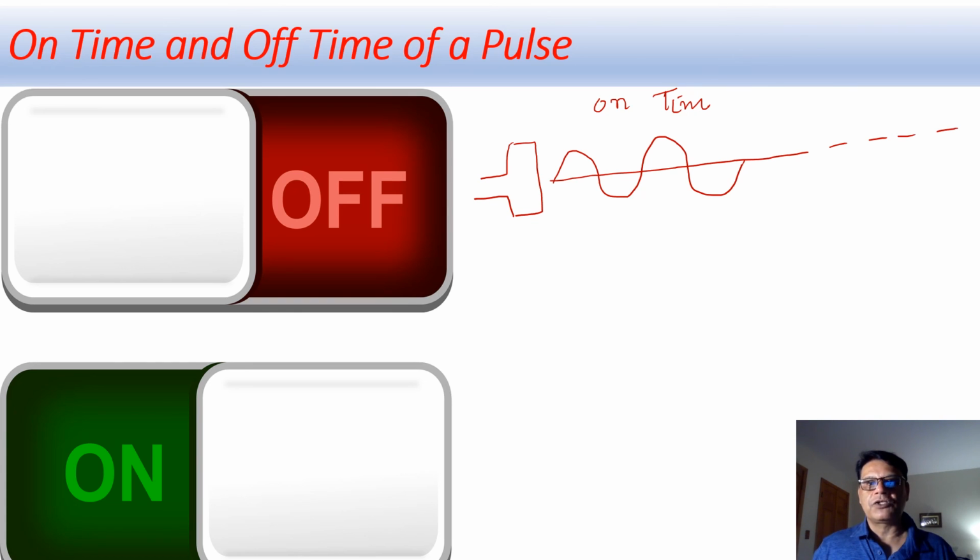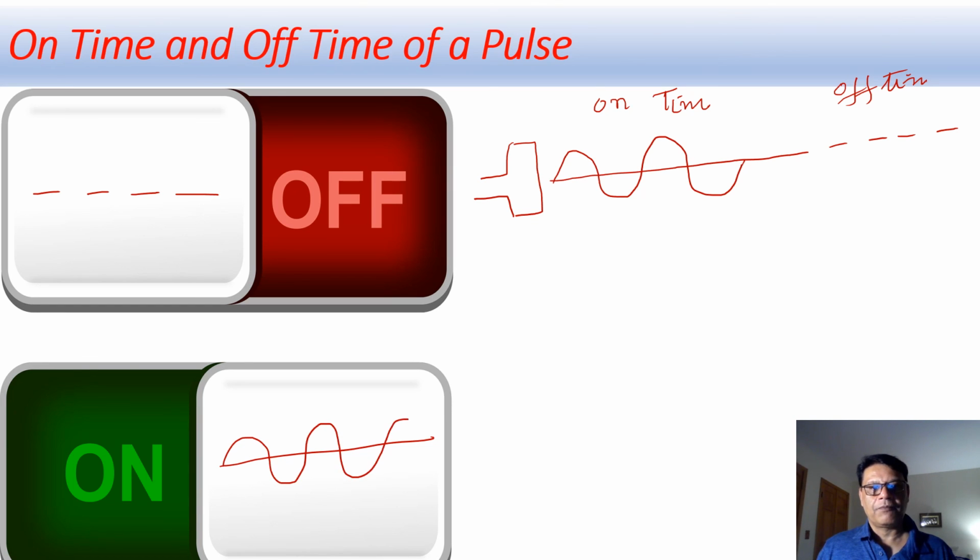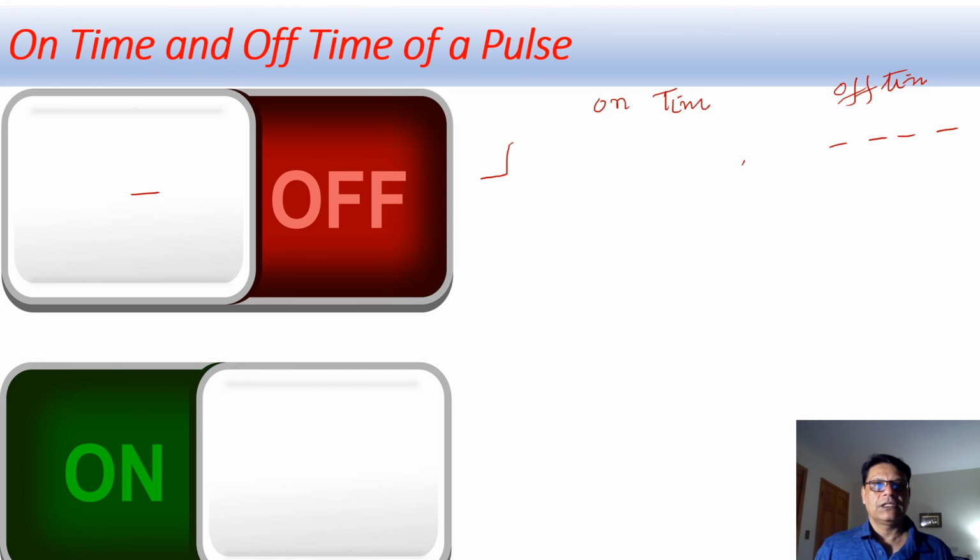And the time in which the transducer is silent and waiting for the reflection of this pulse is called off time. After off time, the next pulse is produced. So off time is when the transducer is silent, and on time is when it is actually producing a pulse. And you know that on time is also called pulse duration.